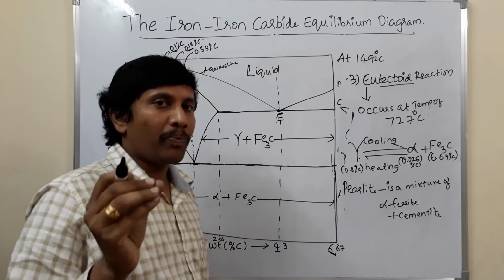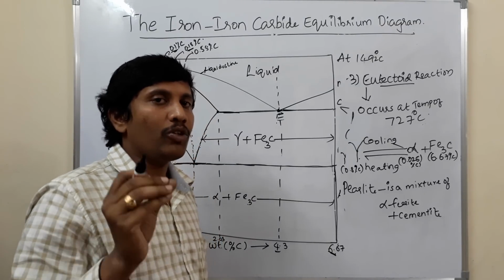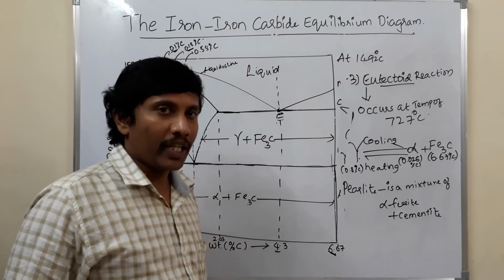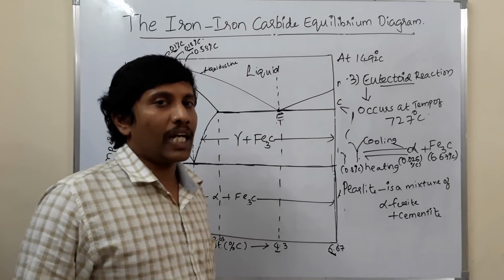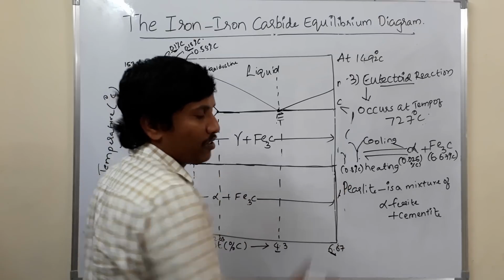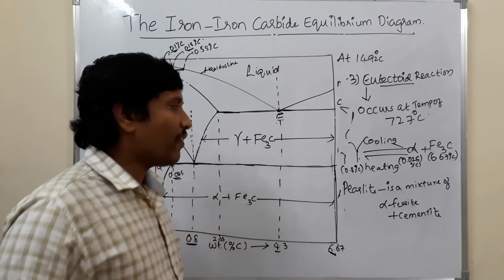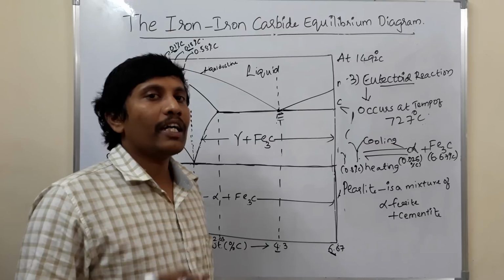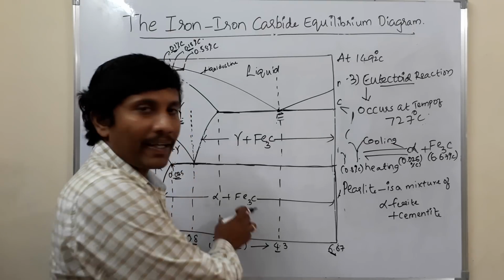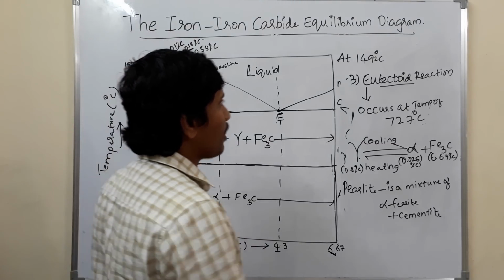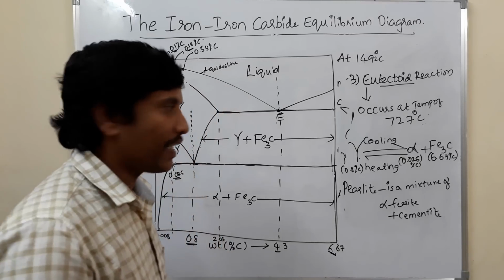When you take a particular percentage of carbon and do equilibrium cooling from high to low temperatures, you can draw the microstructure. So this is about the eutectoid reaction.